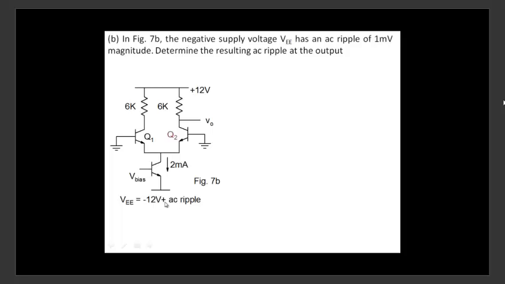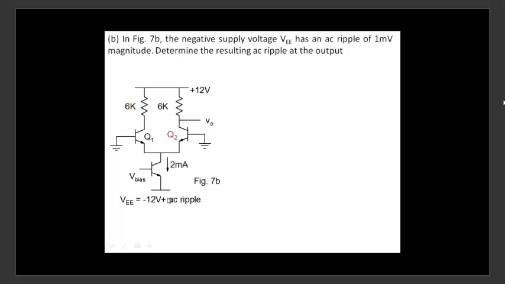Now this ripple is going to percolate and appear over here, right? And I want to know, if there is an unwanted signal here, how much of it appears over here? A good amplifier would be such that even if I have a ripple here, very little appears at V0. It sort of rejects any power supply variations.